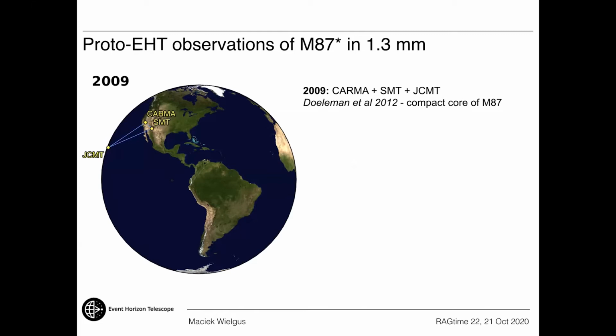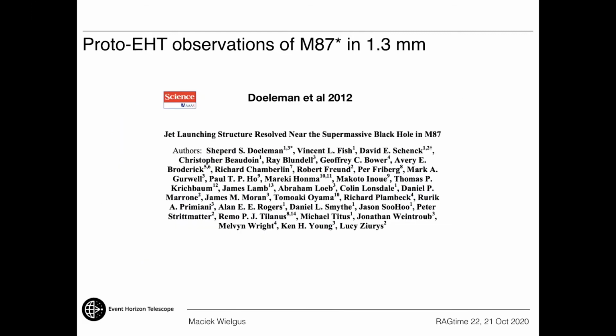This is the configuration of the first such prototype array that performed observations. And in 2012, we had a paper about these observations in which for the first time we resolved this feature, meaning that it's not a point source anymore, that there is some structure.